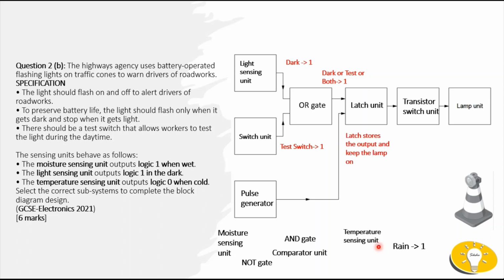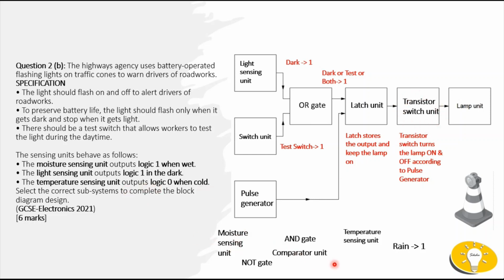Now this latch unit will store the output and keep the lamp on. The transistor switch turns the lamp on and off according to the pulse generator.